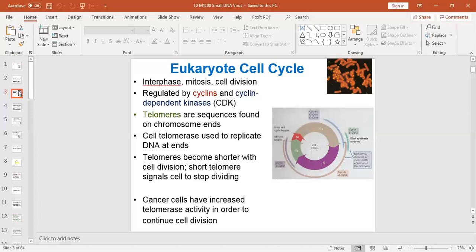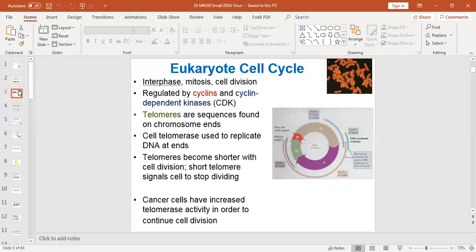The term telomere refers to specific sequences that are found at the end of chromosomes. Telomerase is the enzyme that is used to replicate DNA at the telomere sequences. As the cells divide, telomeres become shorter and shorter with each cell division, until we get to a point that there are no telomeres.